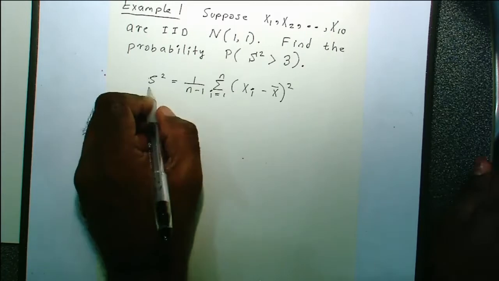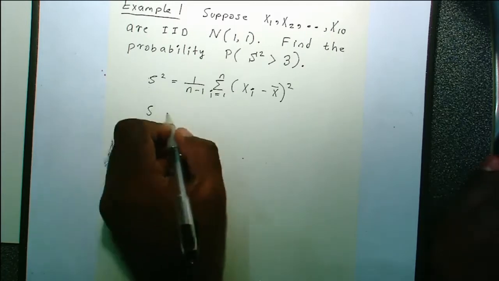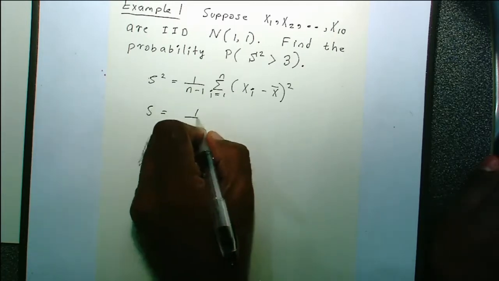So this is known as the sample variance, and S is the square root.